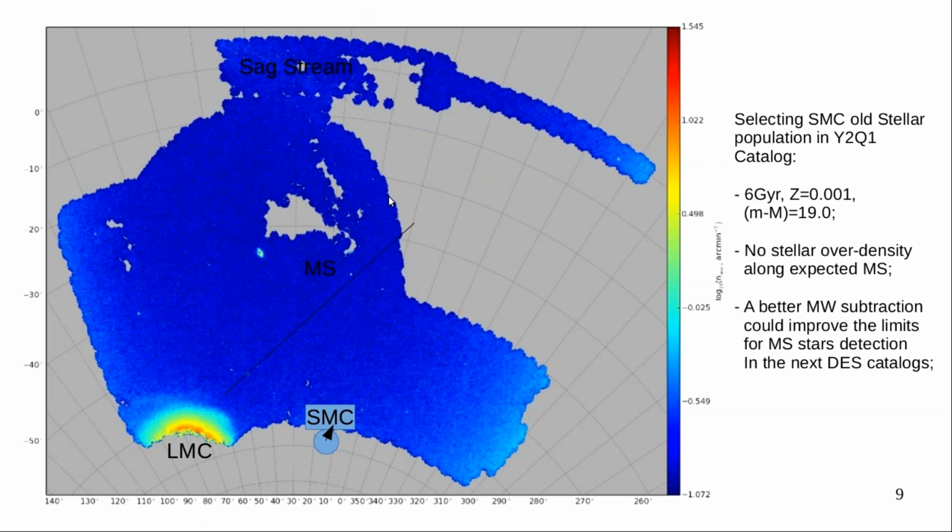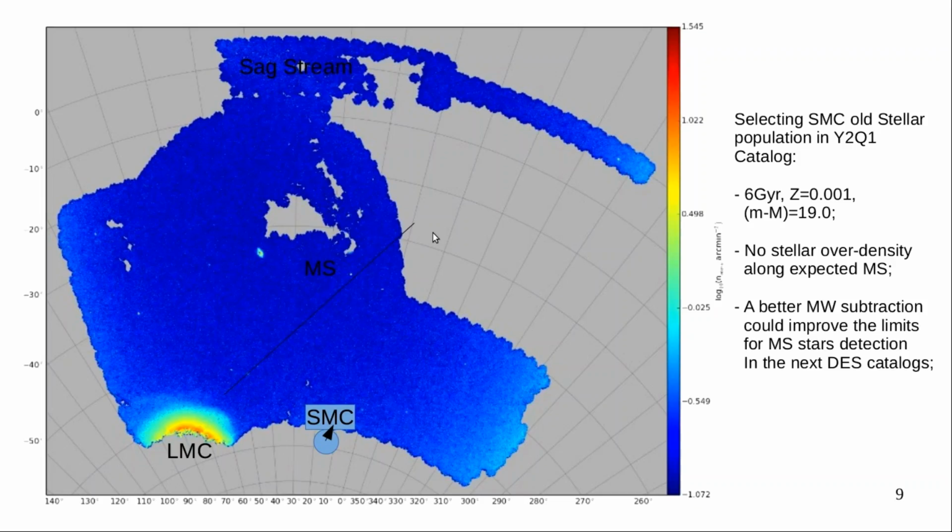Searching for debris in the Magellanic Stream, we filtered the stars in the DES Y2Q1 catalog with the same metallicity, the same age, and the same distance as the SMC old population. But we didn't find any stellar overdensity associated with that stream.